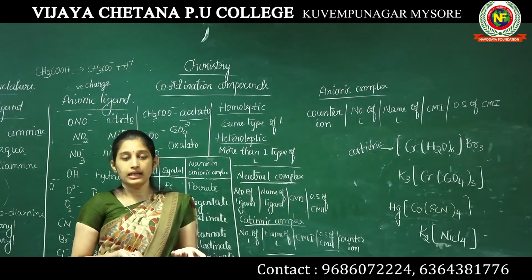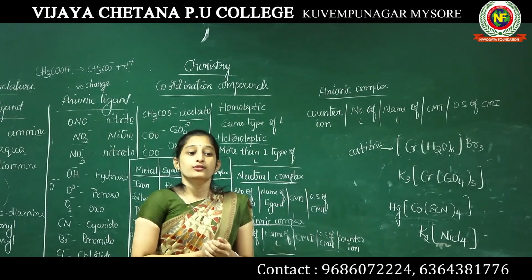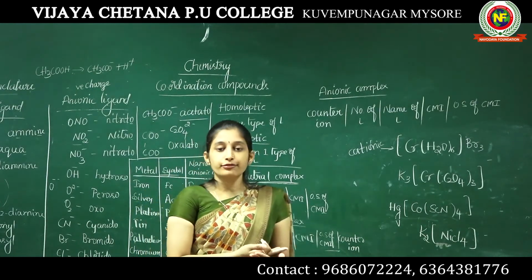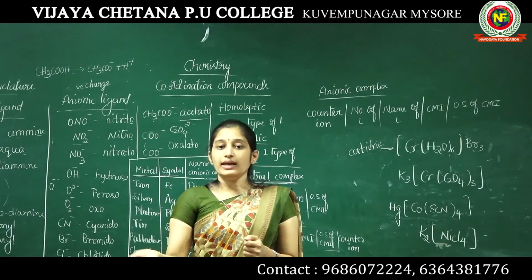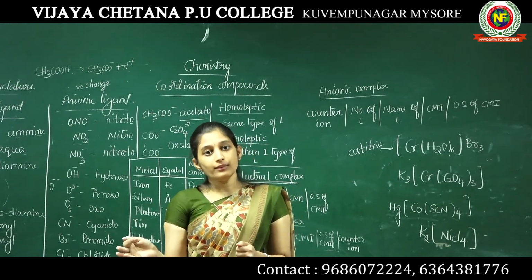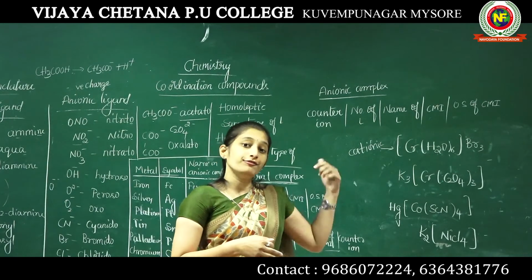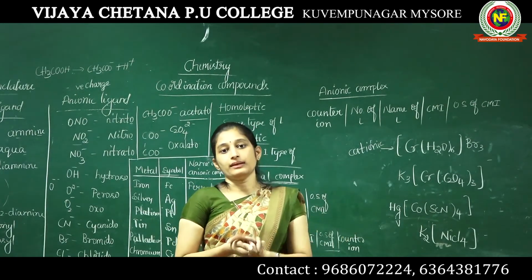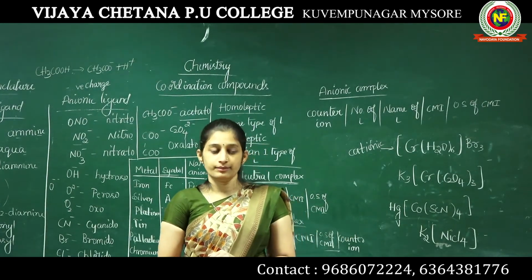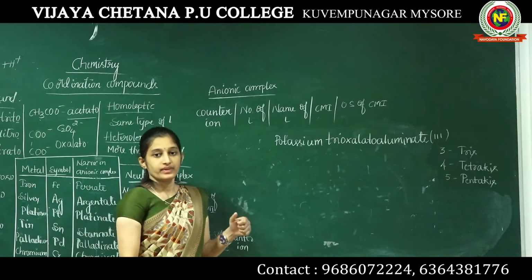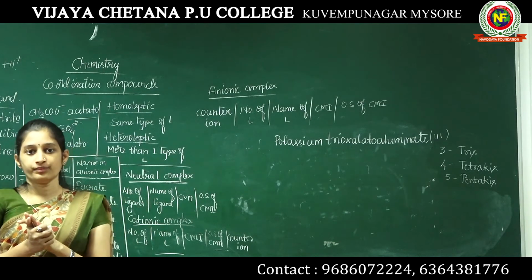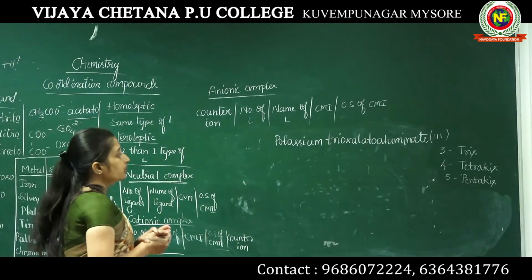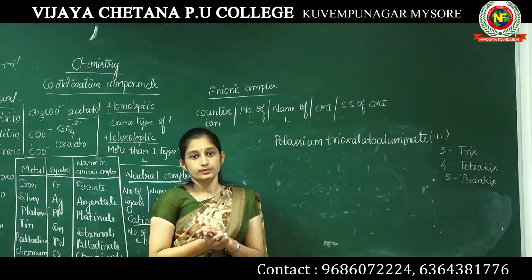They may ask in the examination: they may give the formula, or else they may give the name. If they give the name, you should write the formula. If they give the formula, you should write the name. The reverse is also possible. Now, the name is given instead of the formula. How do we convert it to the formula?